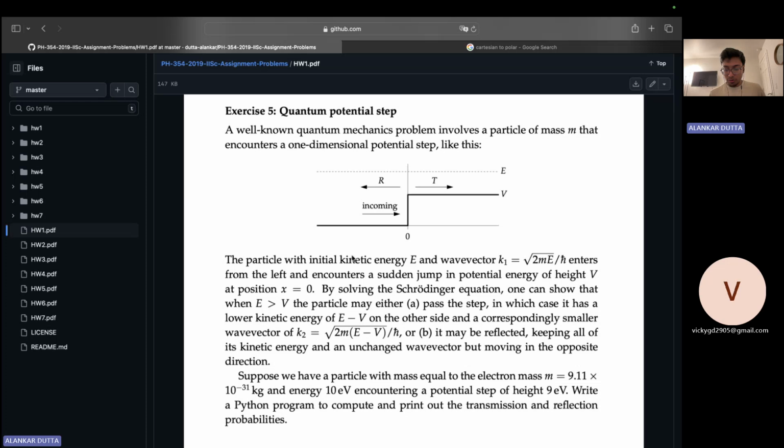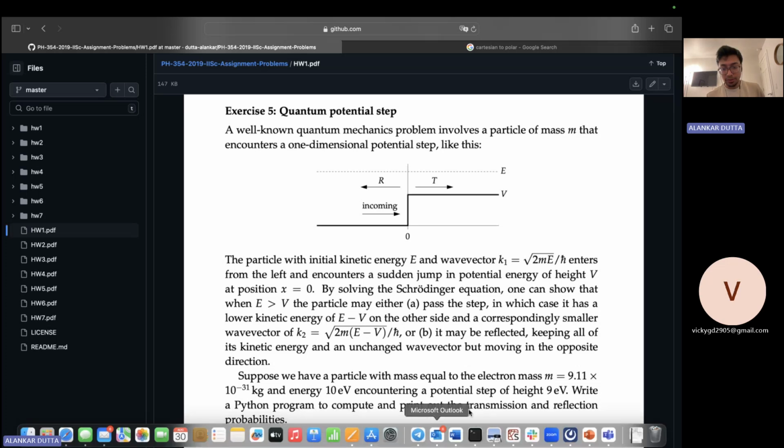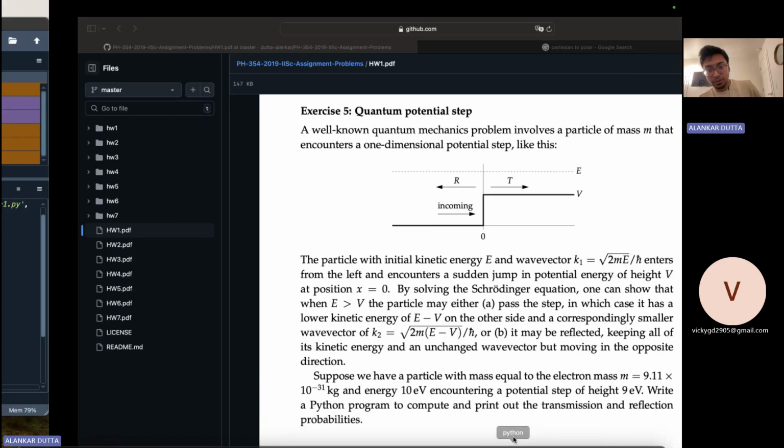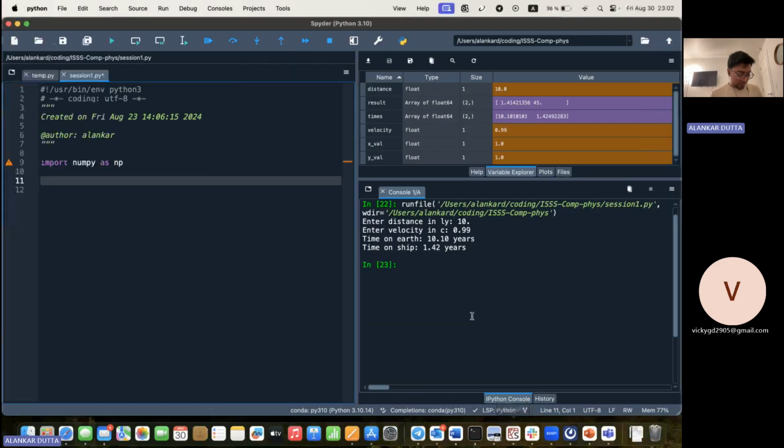So there are the reflection and transmission probabilities, which come from solving this Schrodinger equation, which again I will not go into the details of. I'll just give the formula for the amount by which the waves get transmitted and reflected.